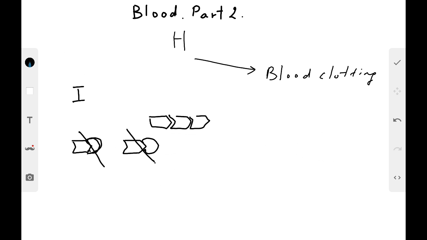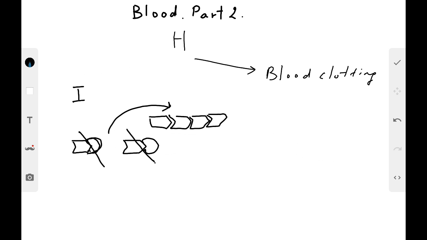So the fibrin molecules are combined in such chains. Fibrin produces a meshwork and stops the bleeding from this large blood vessel. To convert fibrinogen to fibrin, we need thrombin.